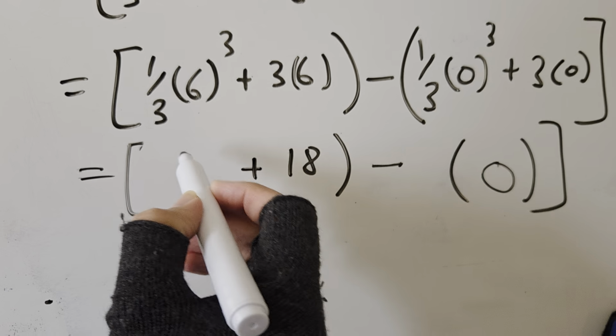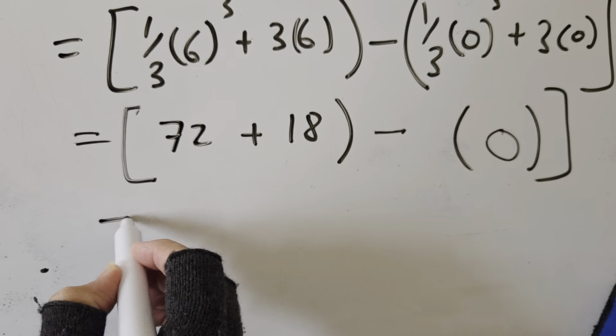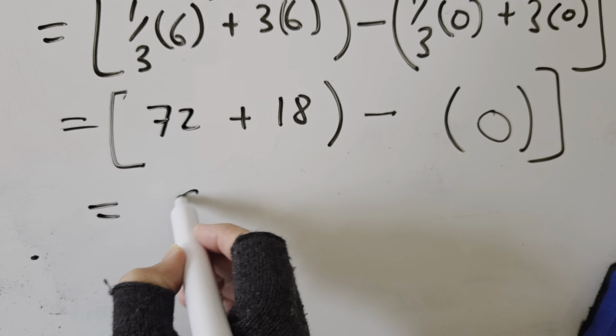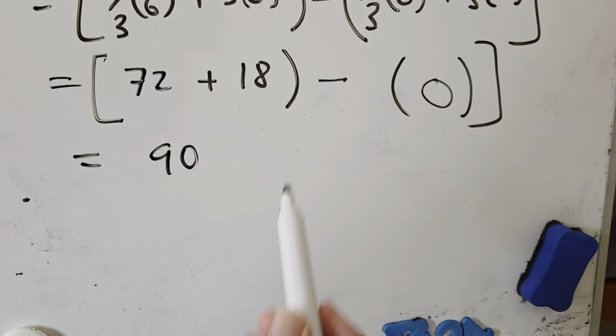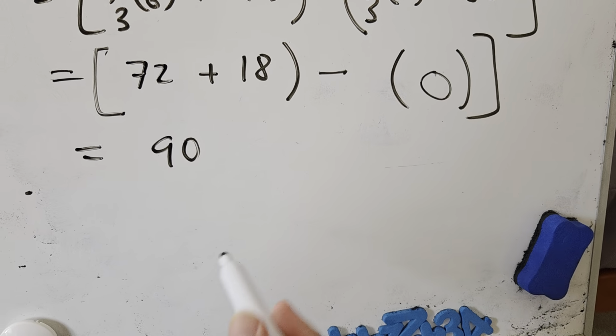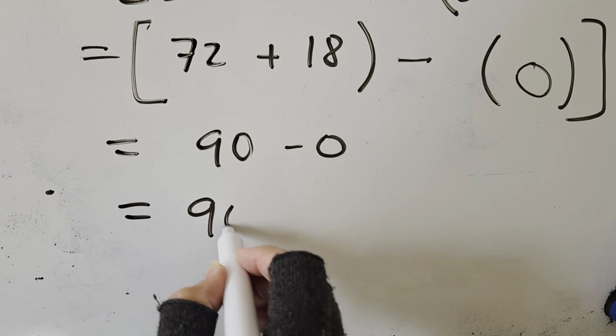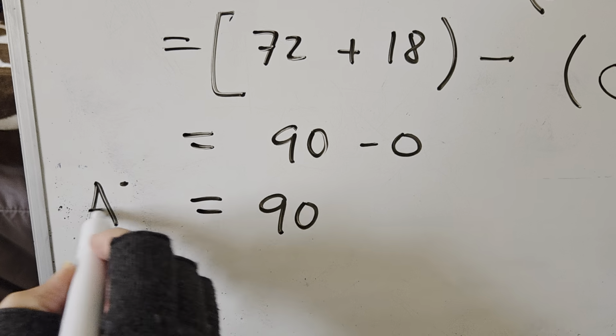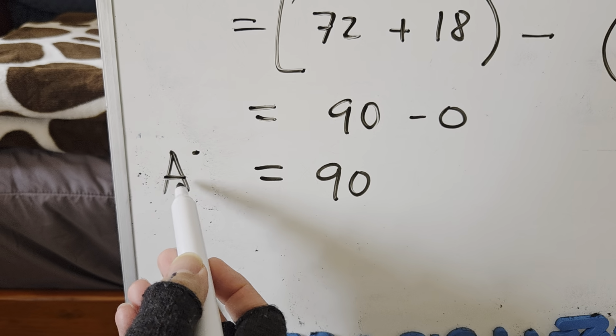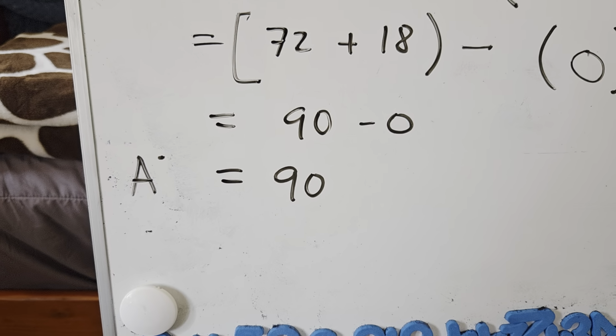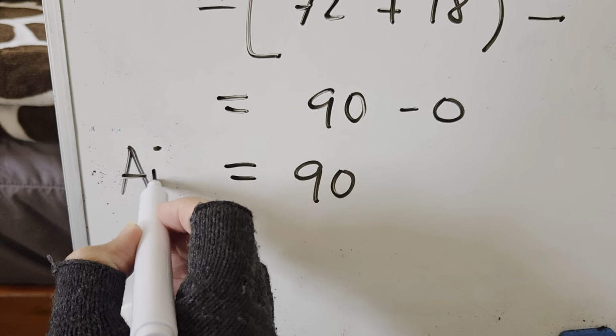So 1/3 of 6 to the power of 3 is 72. 72 plus 18 gives you 90. 90 minus 0 leaves us with just 90. So that's the final answer for the area. You can just write A or the whole word area. The area is equal to 90.